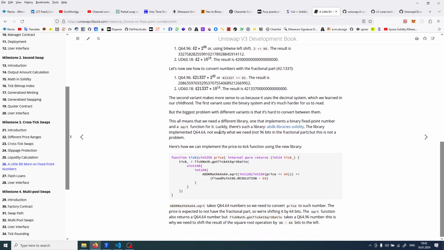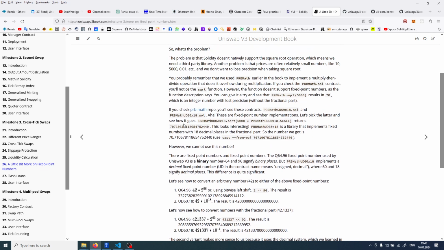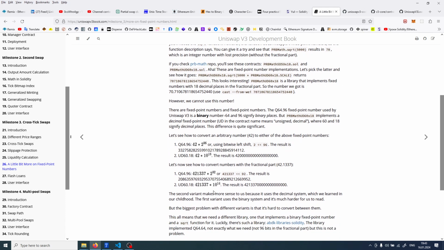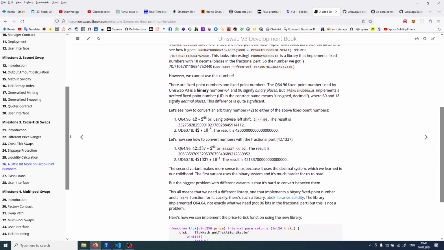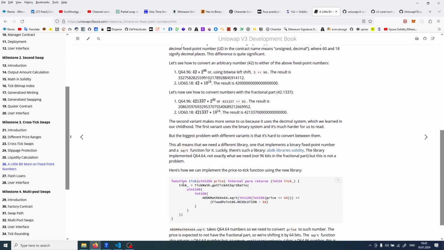It's similar to the PRB library and allows us to take the square root of prices with more excellent precision. Okay.